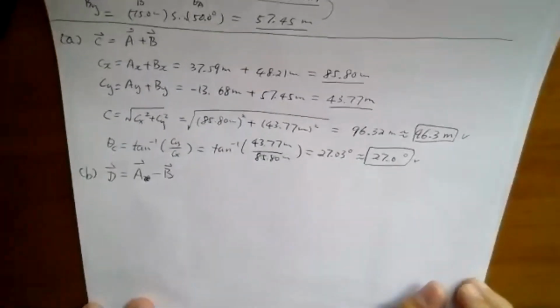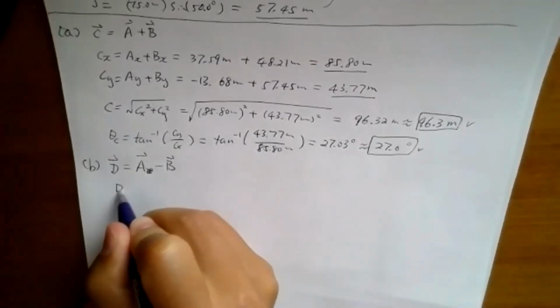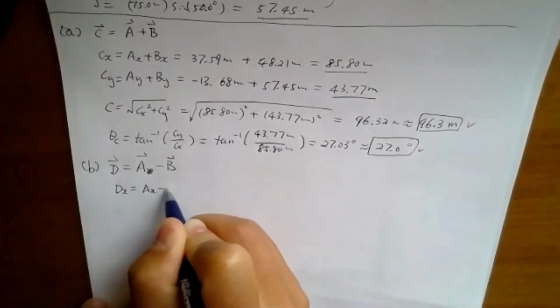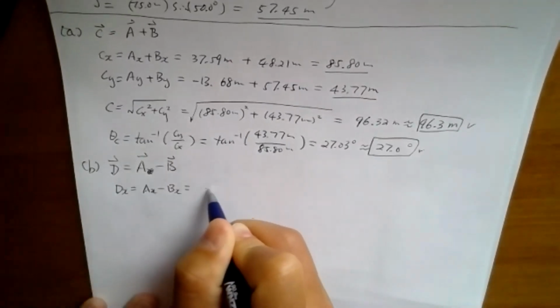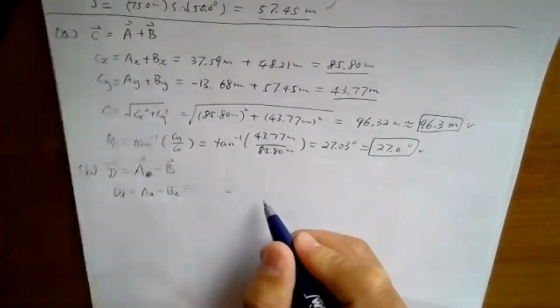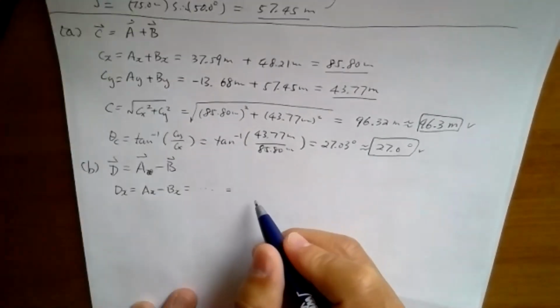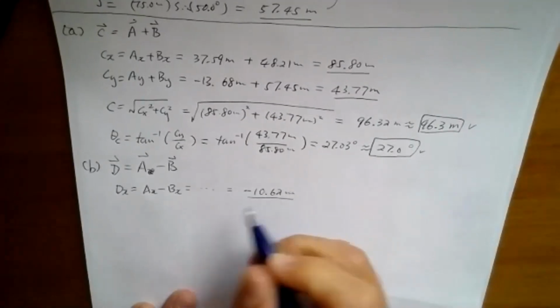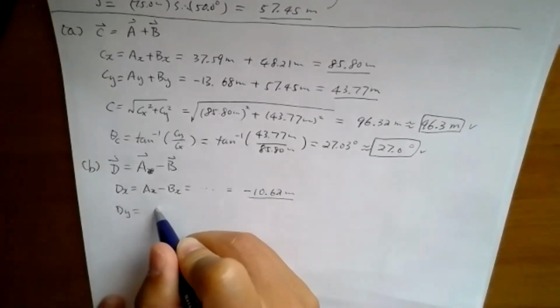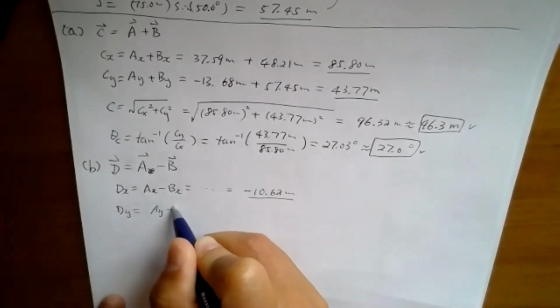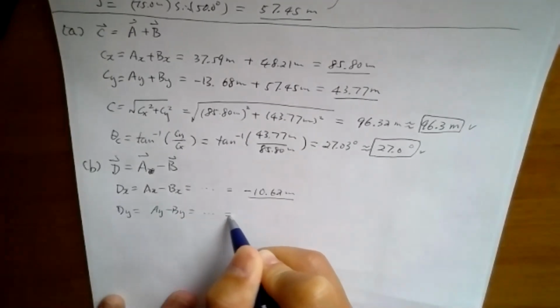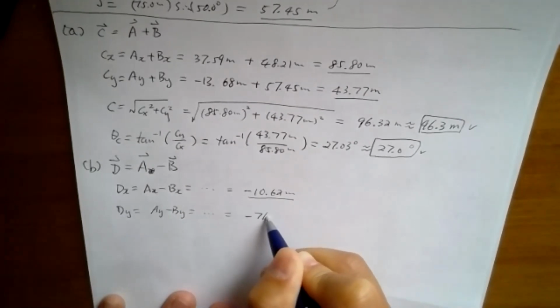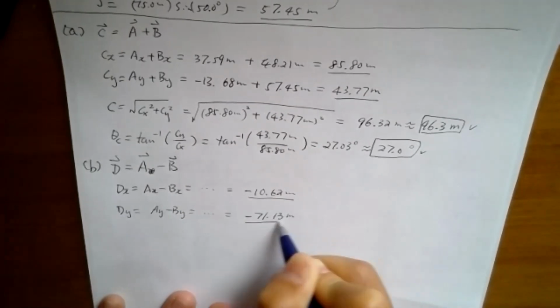All right. So I think probably you guys all get the components right. So dx will be ax minus bx, okay? And then you plug in the numbers, and you will get minus 10.62 meters on that one. dy is equal to ay minus by. Plug in the numbers, we will get minus 71.13 meters on that one.